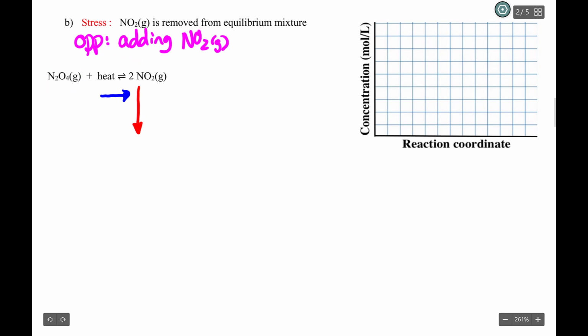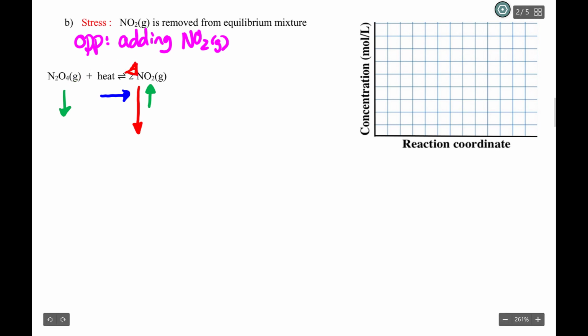Now this would cause the concentration of NO2 to go up, and this would cause the concentration of N2O4 to go down. So if I remove something, I always want to shift towards that side to make more of it. In doing so, the concentration of that thing will increase, and the concentration of the substance on the other side has to decrease because it's being used to produce that substance.